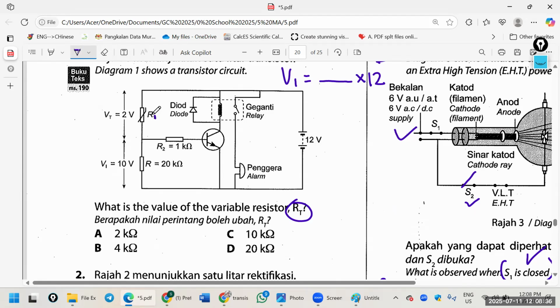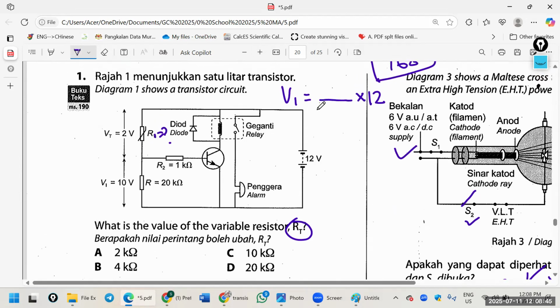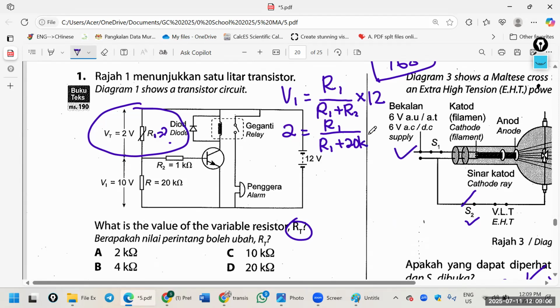Don't know because we don't know this yet. How? Yes, we can do this: R1 plus R2. Up here, R1. So what can we do here? We count everything here. So we substitute 2 equals R1 over R1 plus 20K times 12.